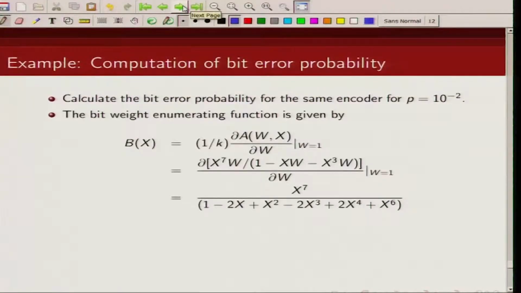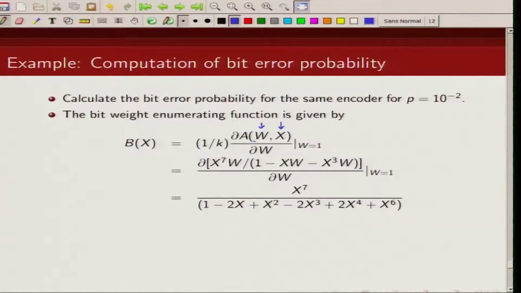So, assuming you have the weight enumerating function, and you have the input output weight enumerating function which will tell you what information bit causes what corresponding output weight, you could compute bit weight enumerating function by taking the partial derivative of your input output weight enumerating function with respect to w and putting w equal to 1, and 1 by k times that. If you do that, you will get the expression for bit weight enumerating function.